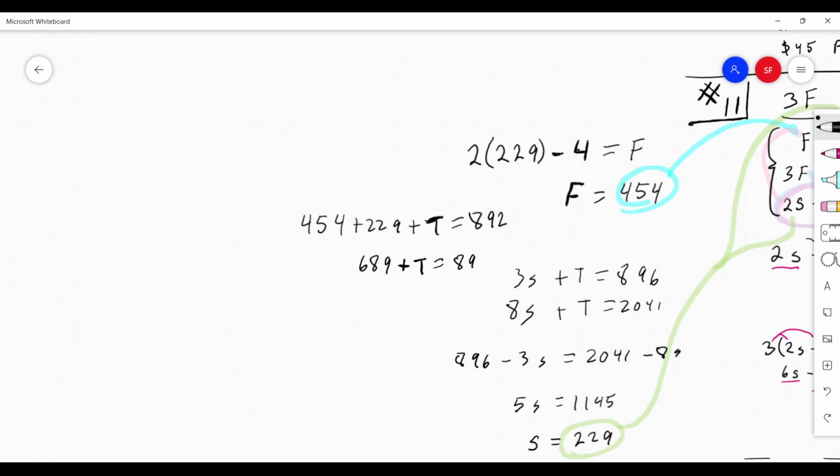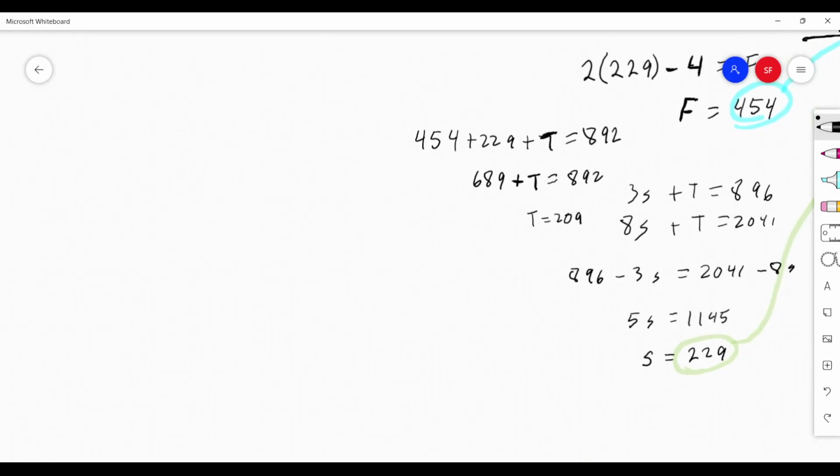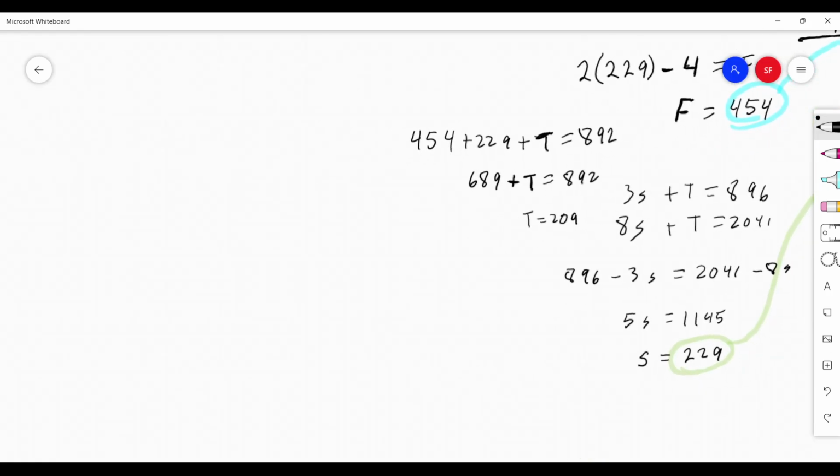209. No, it's 203. I got 209. I also got 209. On 689, I got 683.